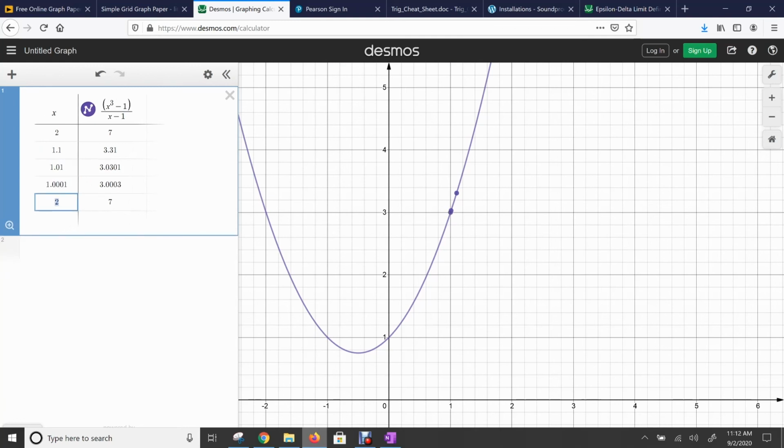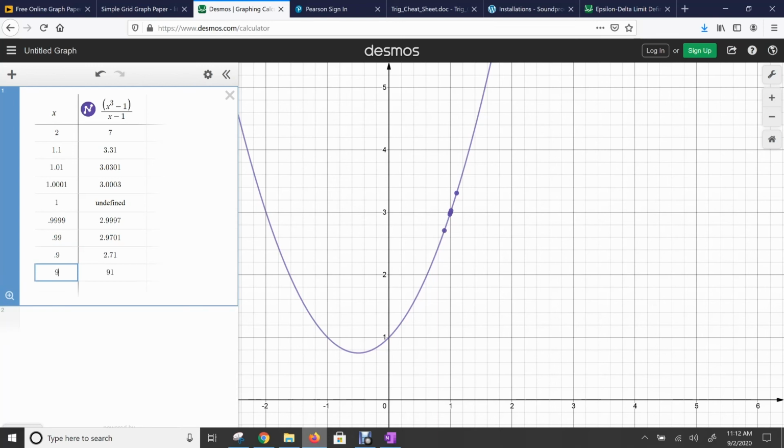If I try to put in 1, of course, the computer says undefined. We were expecting that. And let's put in values that are getting close to 1 from the left-hand side. So maybe put in 0.9999, 0.99, 0.9, 0.